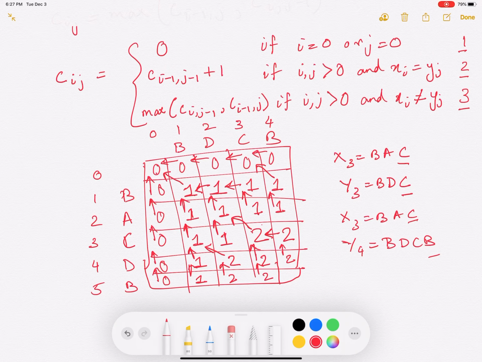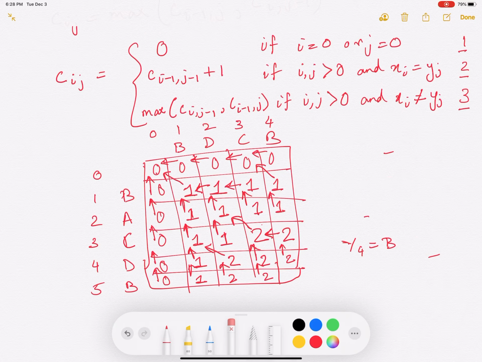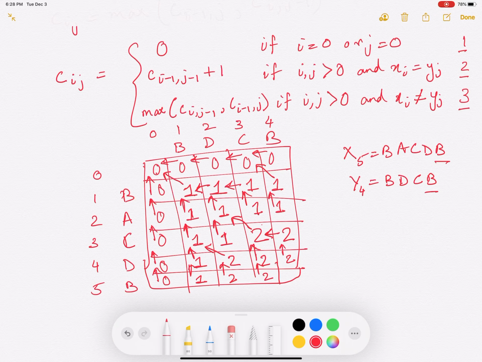So now I'm just going to get rid of these on this side. What we are considering is x5, that is BACDB, and y4, that is BDCB. The last characters match here. So when we are trying to fill this box, we look at that box out here, and you're going to add 1 to the 2 there.